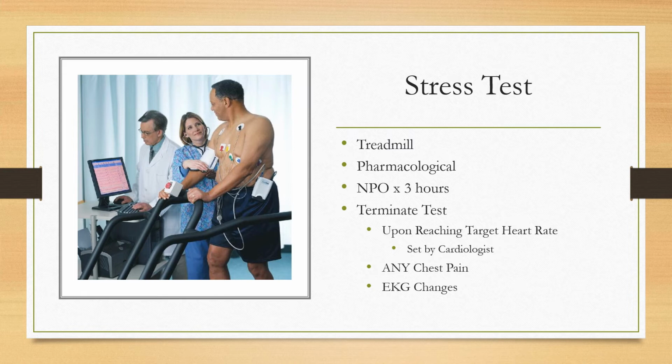And if there's any concerning features on the EKG that may signify that the heart is under a lot of ischemic stress, we can sometimes see that on the monitor, and that will be enough to stop the treadmill test or the pharmacological stress test, and to say, okay, that's enough, we better not go any further. We likely need to do an angiogram to look at your coronary arteries. Okay.